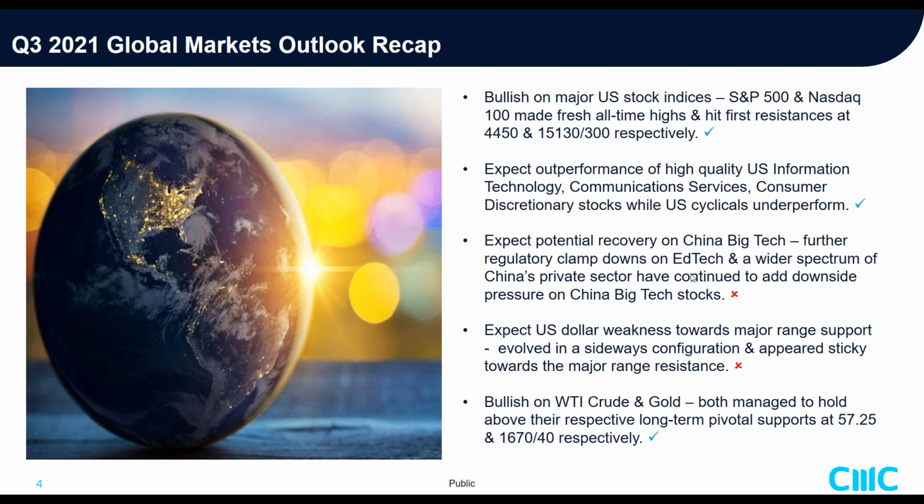Even the EVs right now are actually looking at consolidation, and definitely the property market in China. So this put a damper and continued to add downside pressure on China big tech stocks. We continue to see the big tech stocks as a whole face lackluster movement instead of a potential recovery, so that didn't turn out as expected.